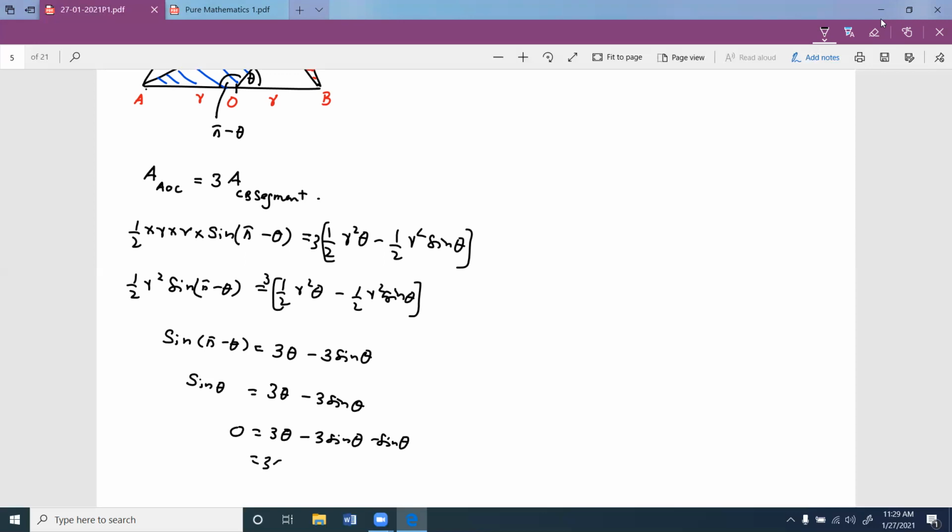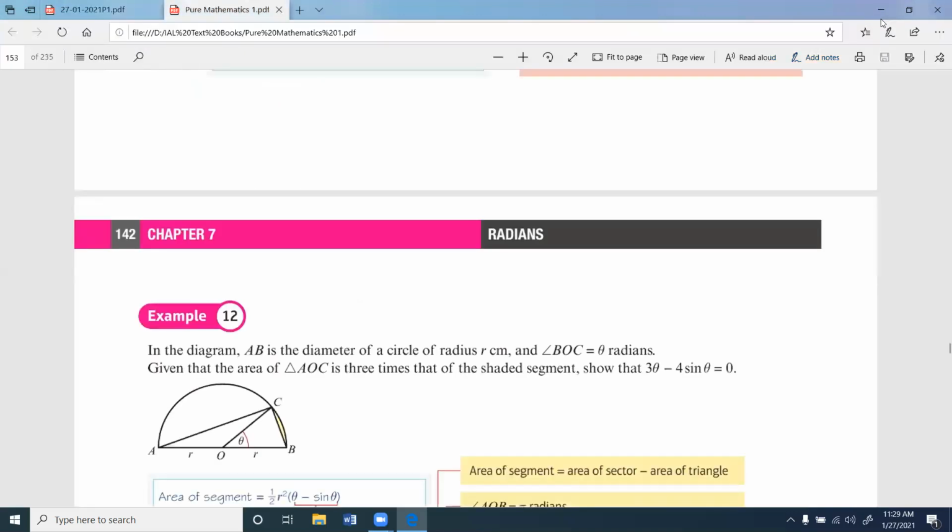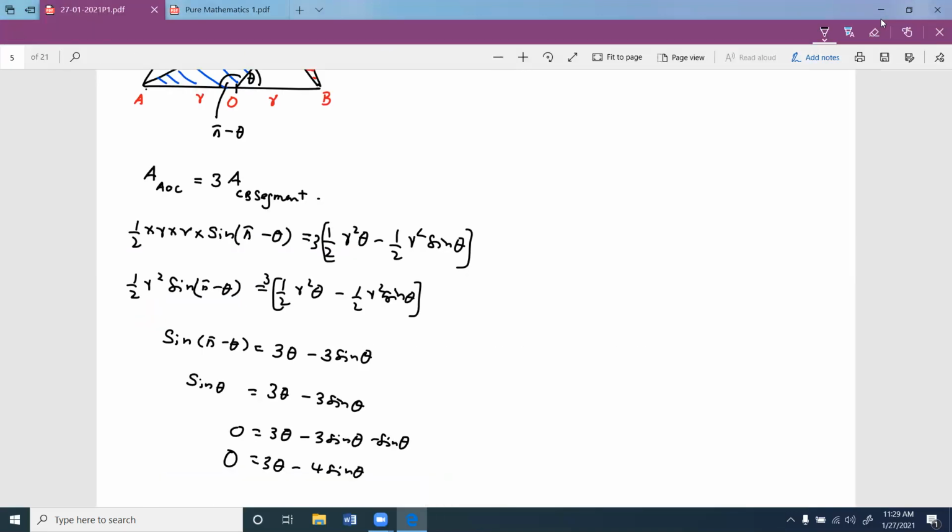So from here you get 3 theta minus 4 sine theta equals 0. That's the answer they expect you to get. Like that you can do this kind of question.